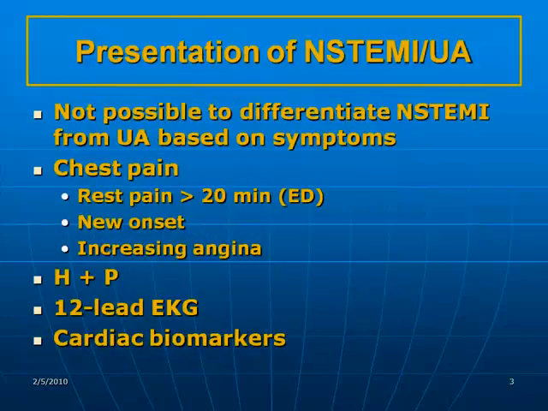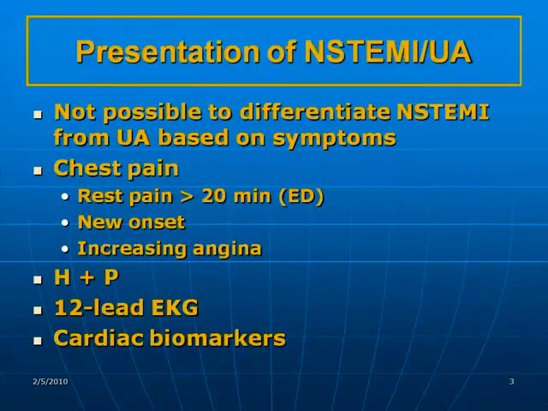Slide 3 of the presentation. Again, it's impossible to tell if it's STEMI, non-STEMI, unstable angina simply on the basis of symptoms. You need the EKG, you need cardiac biomarkers, you need a good history and physical. Chest pain that's consistent with myocardial ischemia typically is rest pain that lasts longer than 20 minutes, new onset chest pain, or increasing frequency or severity of chest pain.